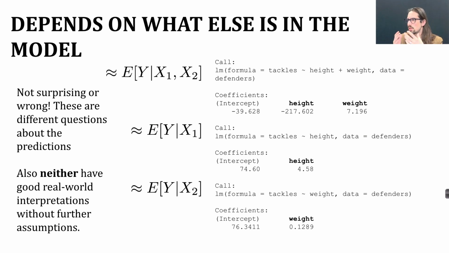What you're describing is just the prediction function, and beyond that, it's just vibes. So you can maybe use that to generate hypotheses and then go do some things that are more careful. But beyond that, you can't look at this and say, oh, if I somehow gave football players bigger shoes that would make them taller, that would make them be worse at tackling. That is actually a causal interpretation. We'll talk about that shortly, but it cannot be done just by looking at this without making further assumptions.